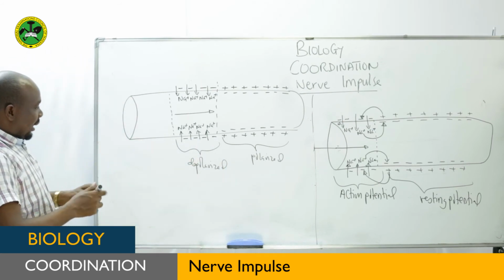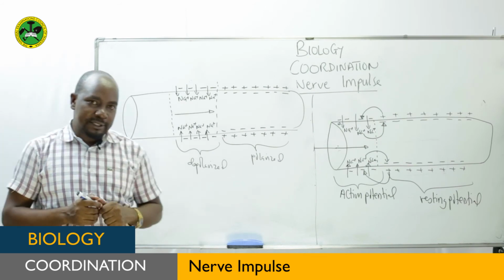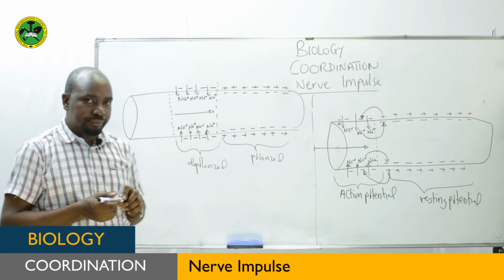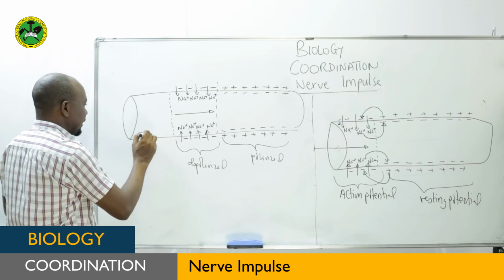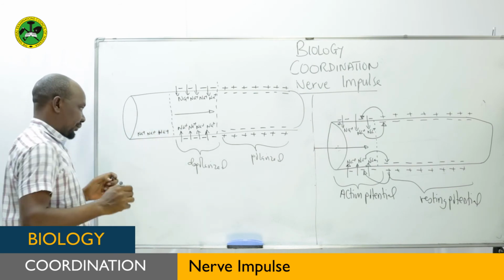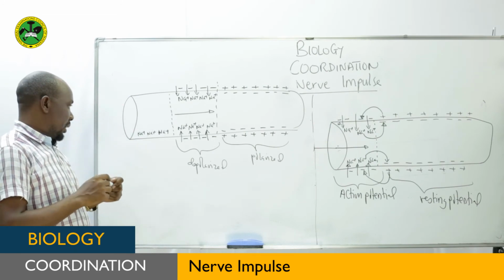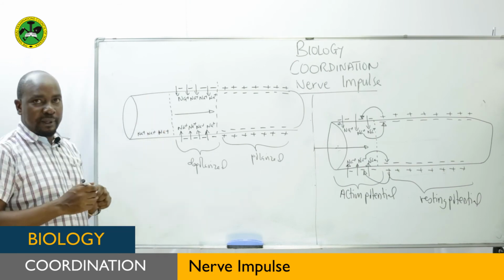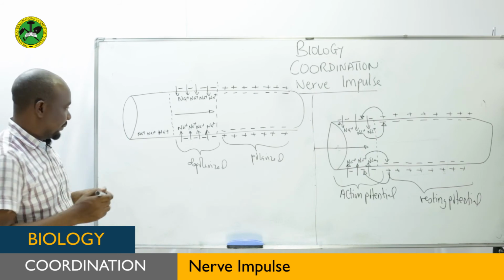But after the passage of the nerve impulses to a part of the axon, the sodium ions remain inside, because after the passage of the nerve impulse, the sodium gets the channels closed.